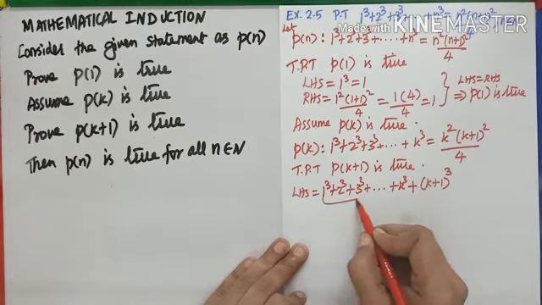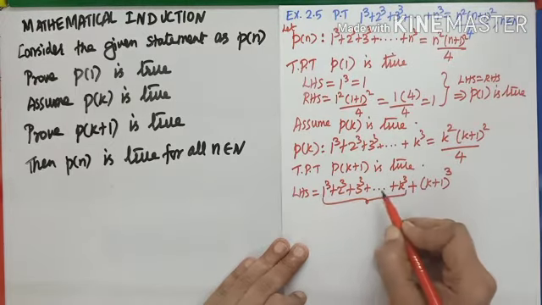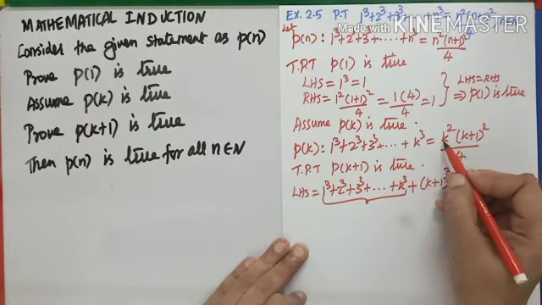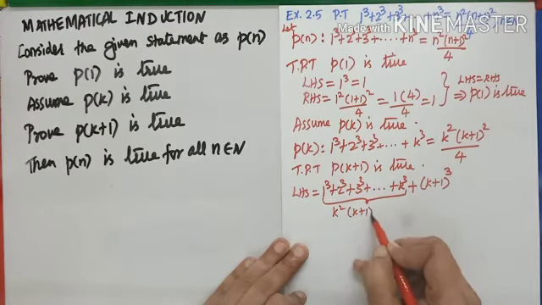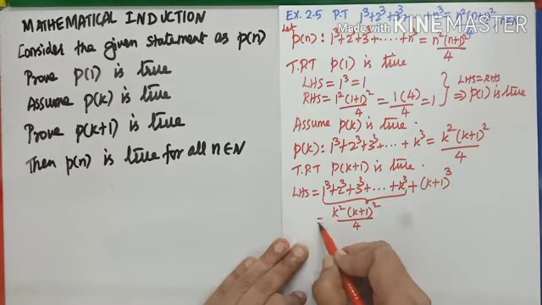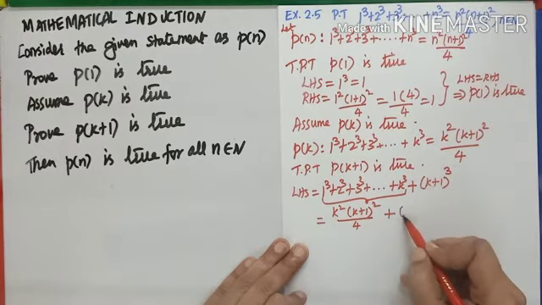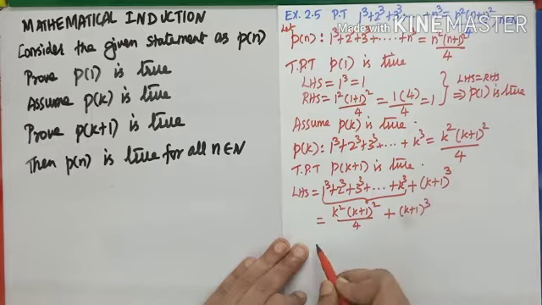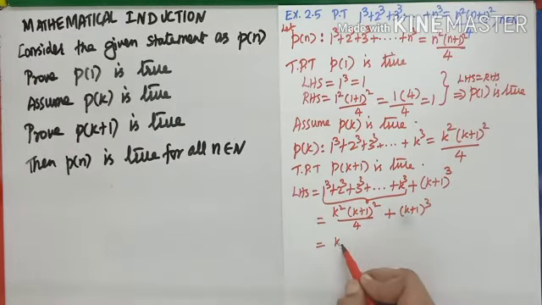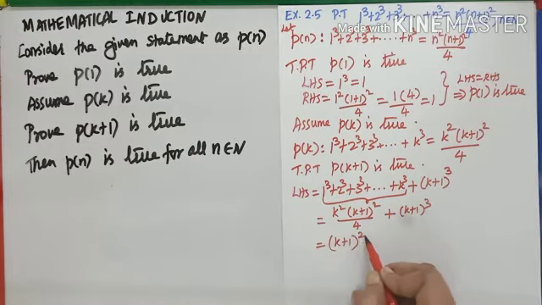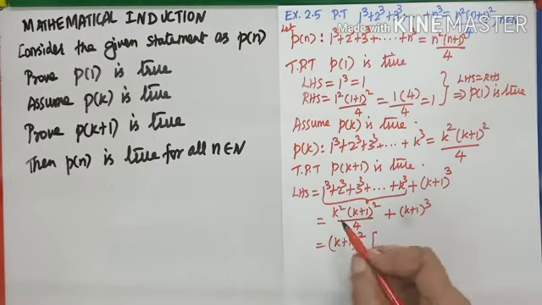But we know 1 cube to K cube. What is my answer from here? K square, K plus 1 the whole square by 4 plus this term K plus 1 the whole cube. In both the terms, which is common? K plus 1 the whole square is common. What is left out?